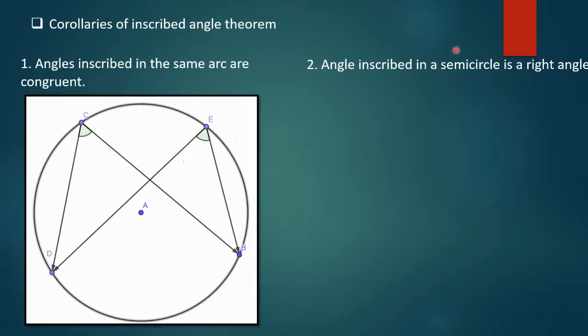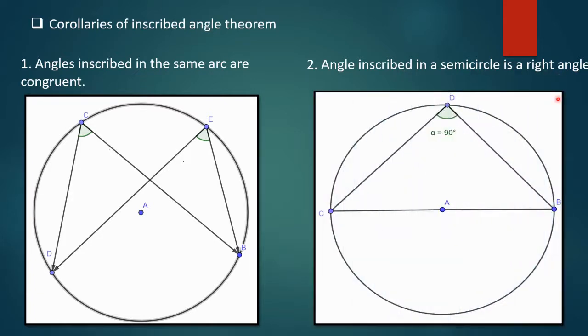The second corollary is that an angle inscribed in a semicircle is a right angle. Here, in the circle with center A, we can see CB will be the diameter and CDB is a semicircle. So the diameter divides the circle into two halves, and the upper half and the lower half are called a semicircle.